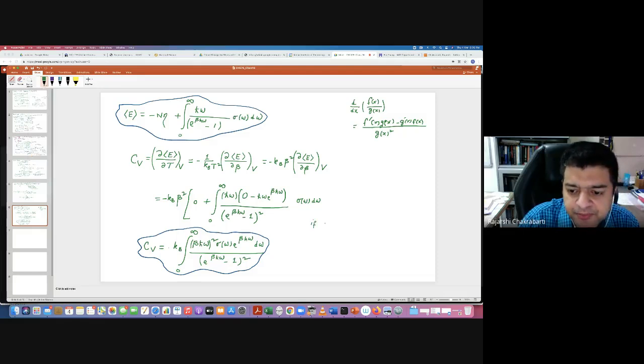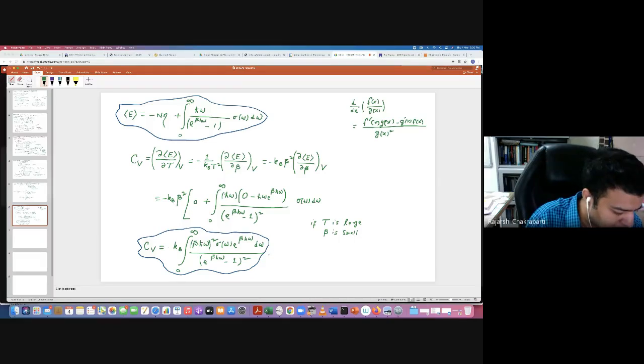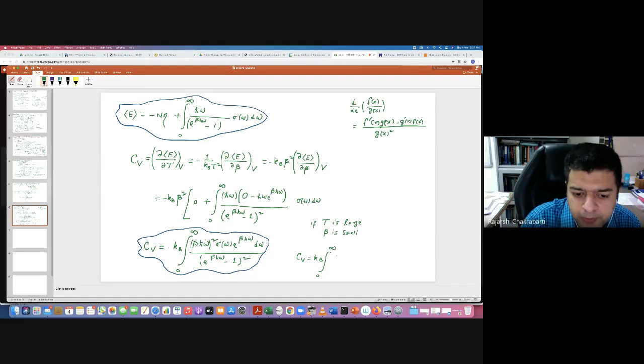If T is large, what will happen? T large means beta is small. Then in that case, CV is going to be kB.